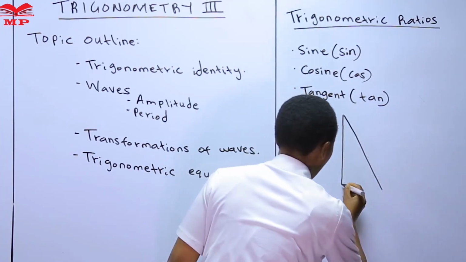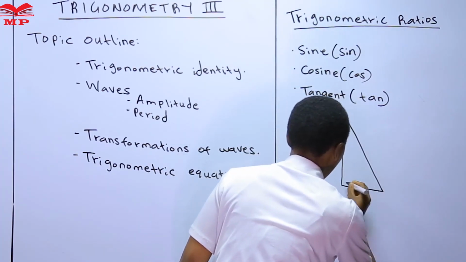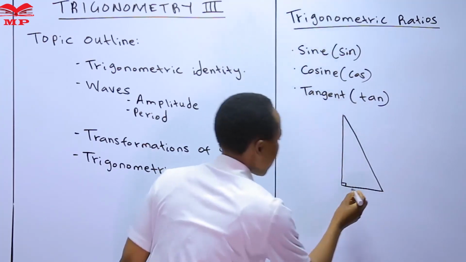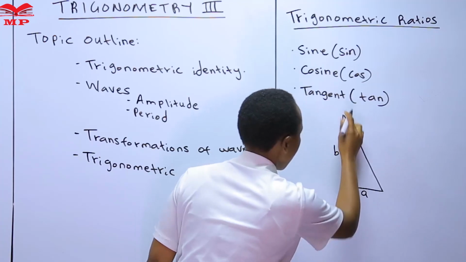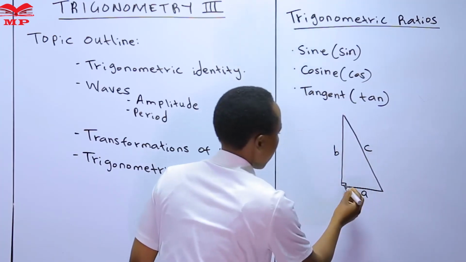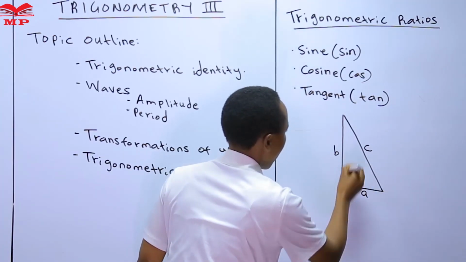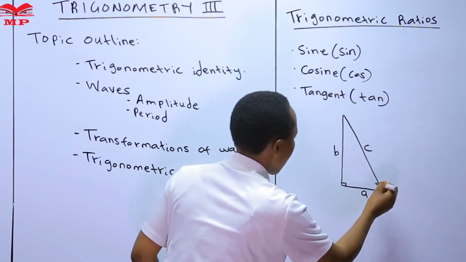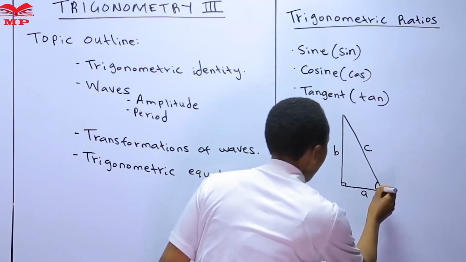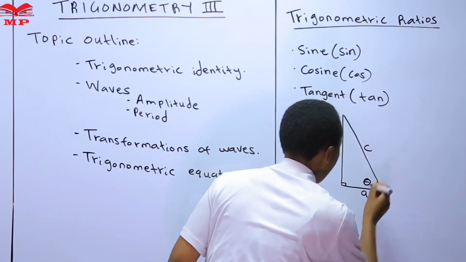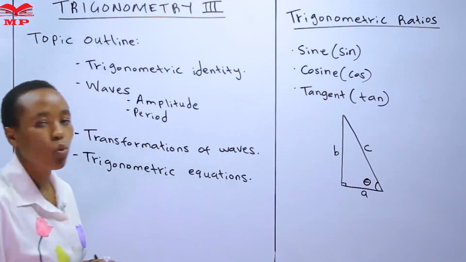Let's say that we have A here, we have B this side, and we have C. This is our base A, then we have the height B and the hypotenuse C. And let's say that we have our angle here. This is angle theta.